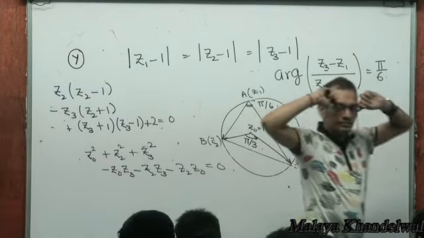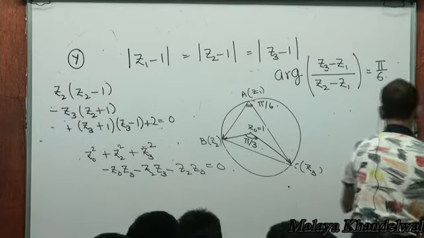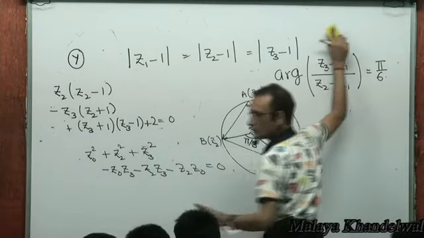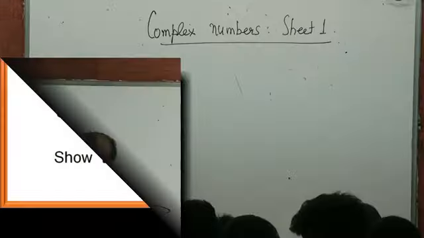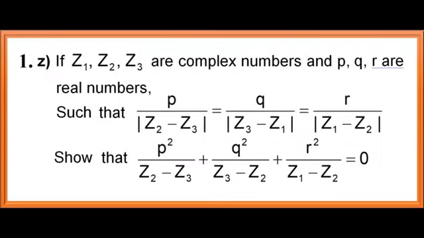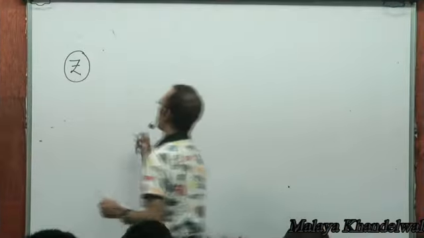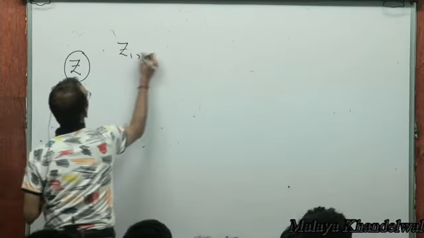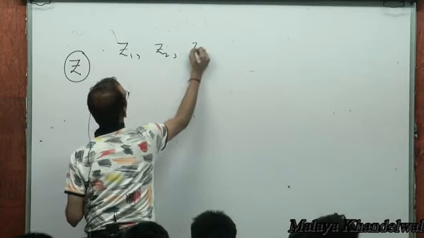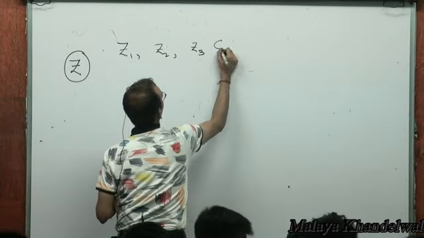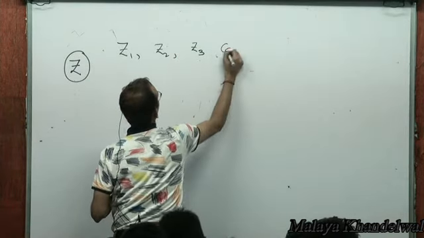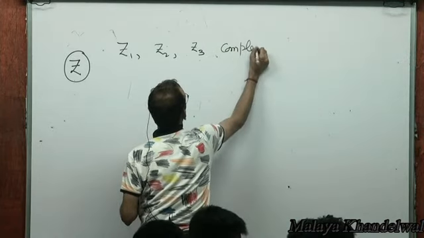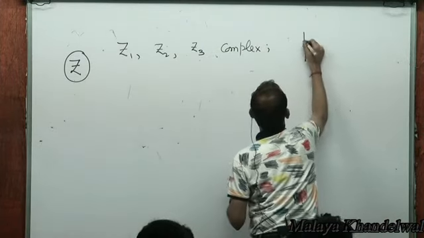Time to proceed. Can I wipe this off? z1, z2, z3 are complex numbers, whereas p, q, r are real numbers.